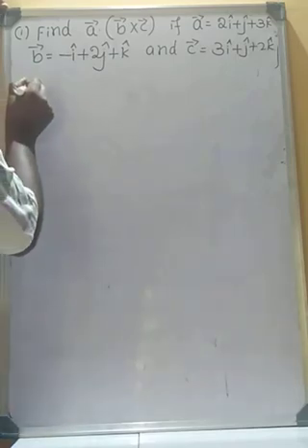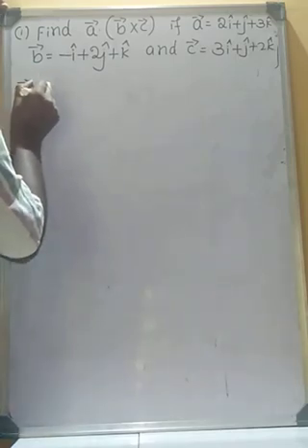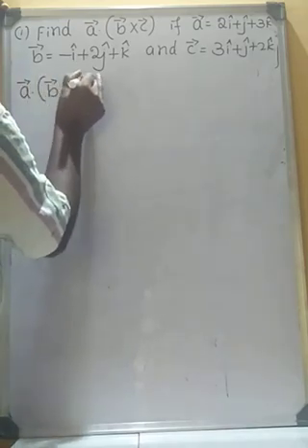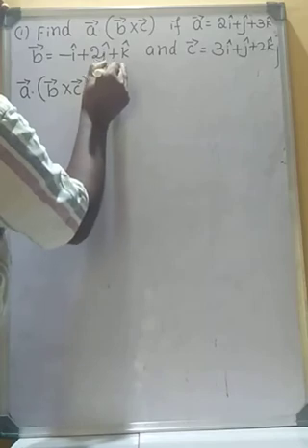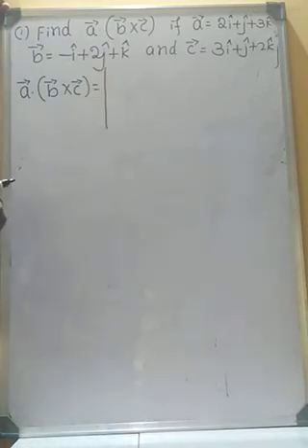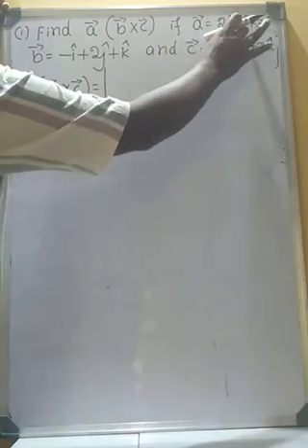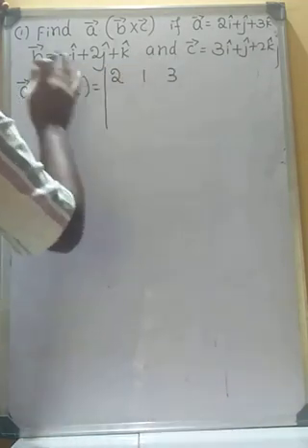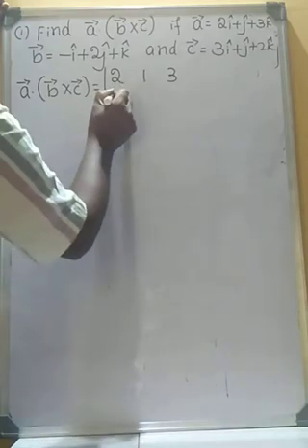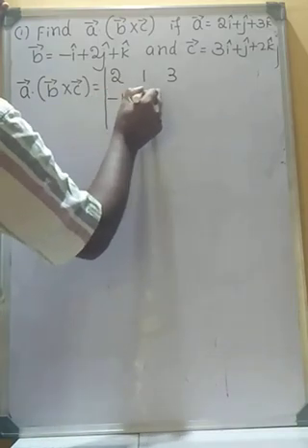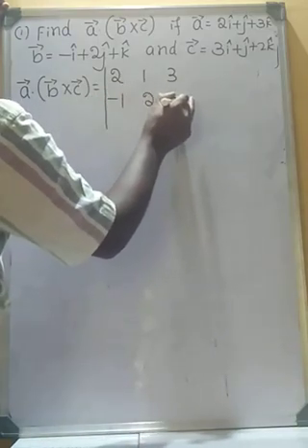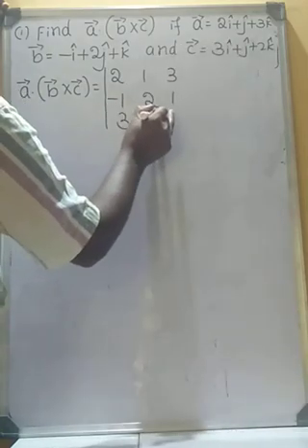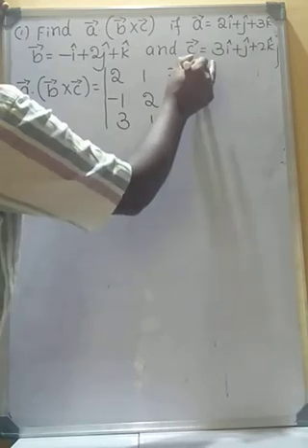So now A dot B cross C is equal to the determinant of the first vector's components, written in the first row: 2, 1, 3. The second vector B's components in the second row: minus 1, 2, 1. And the third vector's components in the third row: 3, 1, 2.